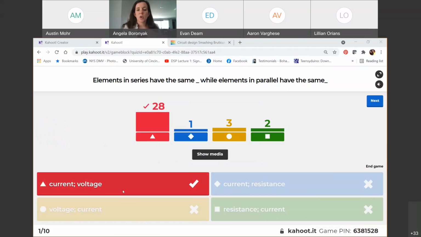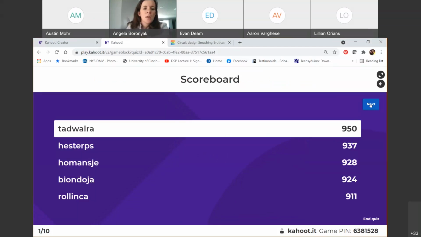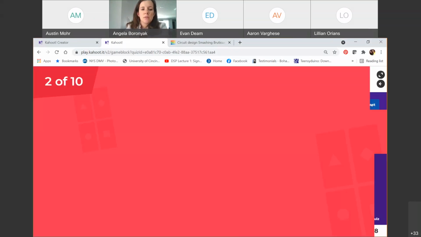Series means they have the same current. Parallel means they have the same voltage. It does not mean that they're just geometrically parallel. They can be arranged so that they look like a 90-degree angle with just a wire connecting them. It goes from the same voltage on one side to the same voltage on the other side. Make sure you can identify elements in series or parallel and what they mean.